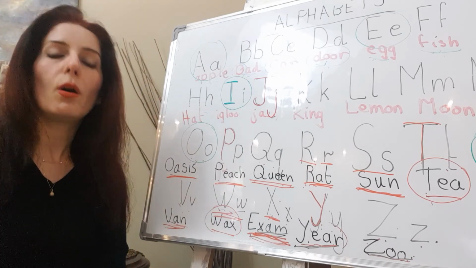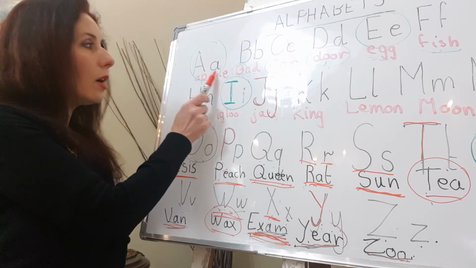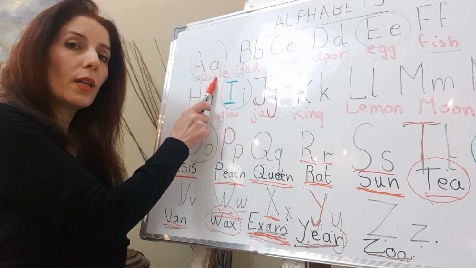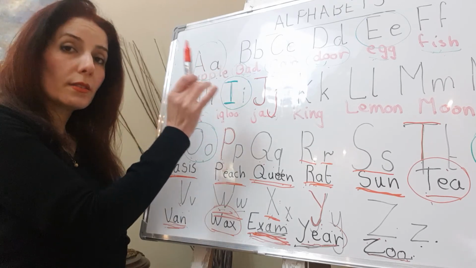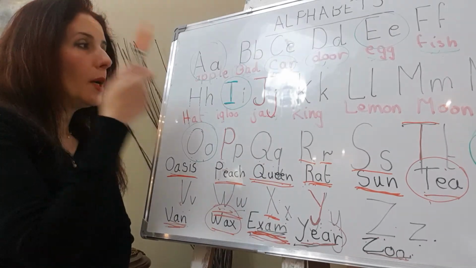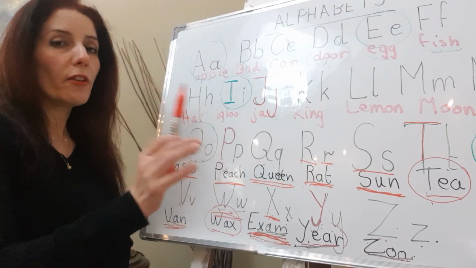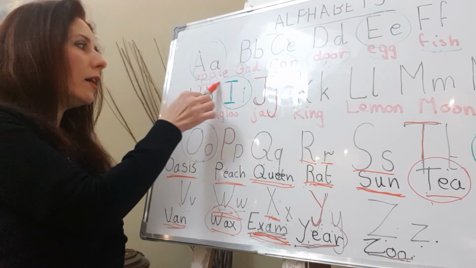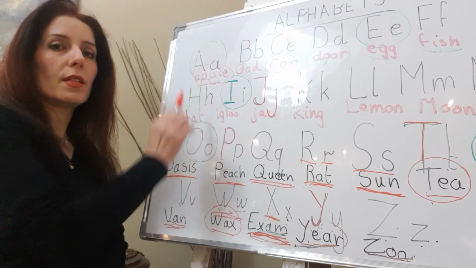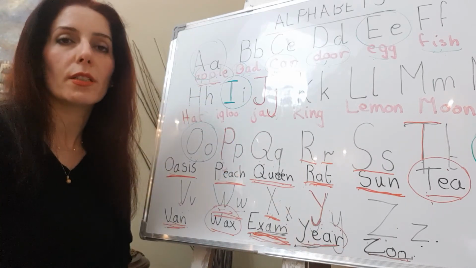I want to give you a homework: just write each letter, the capital letter of it and the small one, and tell me the name of this letter, and pronounce it also, and practice at home how to pronounce it, and give me just one word indicating each letter of the 26 English letters.